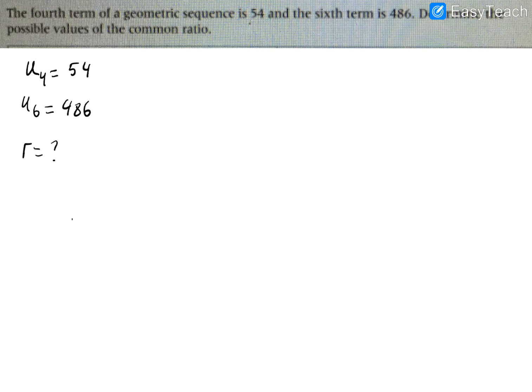Here, always before we start, let's put our formula, u1 times r to the power of n minus 1. So let's try u4 first and then u6. u4 will be u1, which we don't know, times r to the power of n minus 1, which is 4 minus 1.